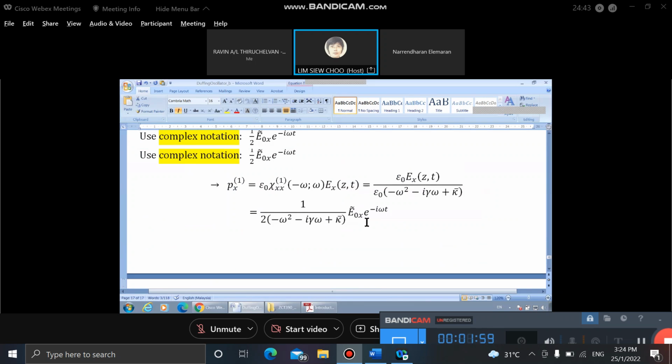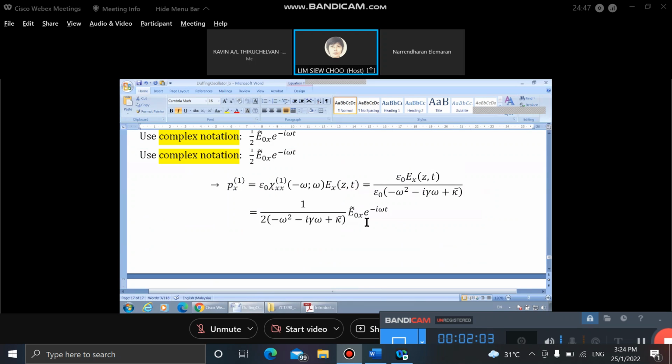And then you substitute. You know that you have already solved your chi1. So your conjugate of chi1, you just change the I to positive, right? The other don't change. So this is your chi complex. Okay, chi complex, as in the P1 just now.